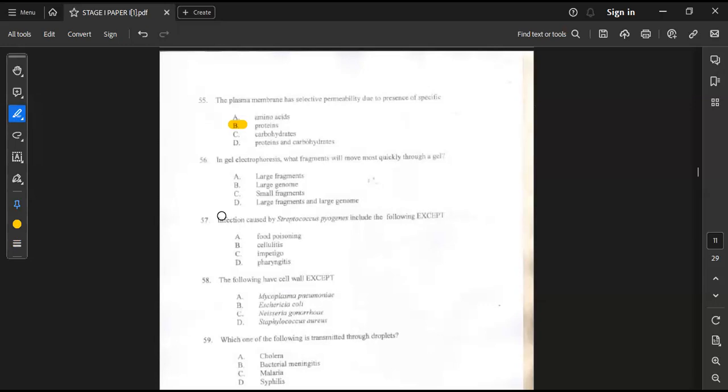In gel electrophoresis, which fragments will move most quickly through the gel? Large fragments, large genome, small fragments, or large fragments and large genome. I'm thinking small fragments, but I'm not too sure.